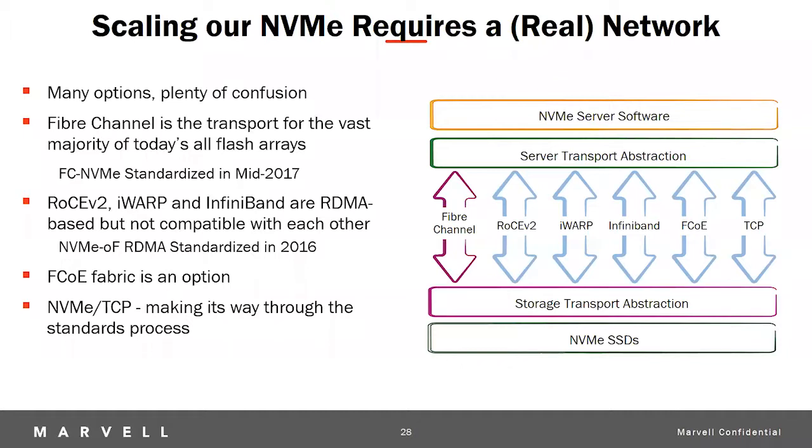So as a vendor, Marvell will support almost all of these transport choices minus InfiniBand, and we're really making it easy for the customer to make their choices based on what kinds of applications, what kind of latency tolerances they have in their workloads.